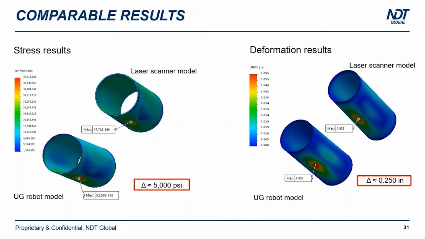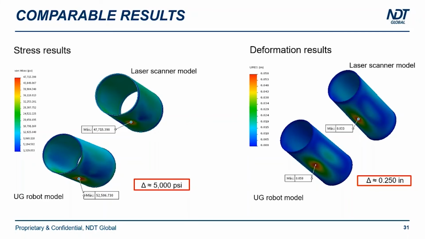So what does this mean for us? We know that the UG tool is yielding results comparable to one of the most precise NDE methodologies. And we can not only use this UG tool to get a point-wise assessment, we can use this UG robot to create a full 3D model of a joint with the most precise shape of the joint possible, without the need of doing advanced or sophisticated NDE.